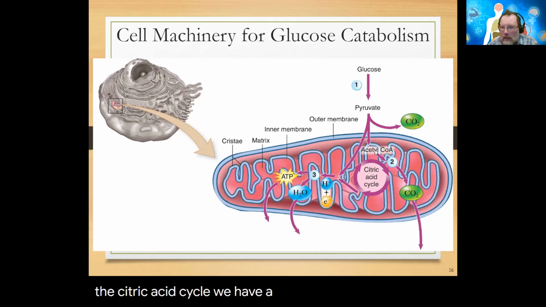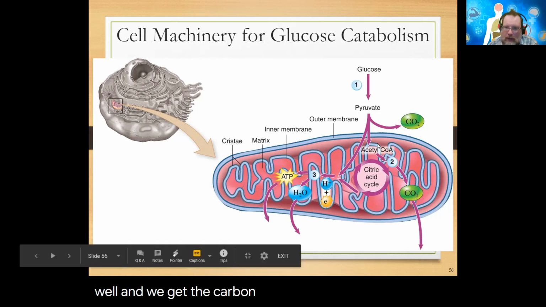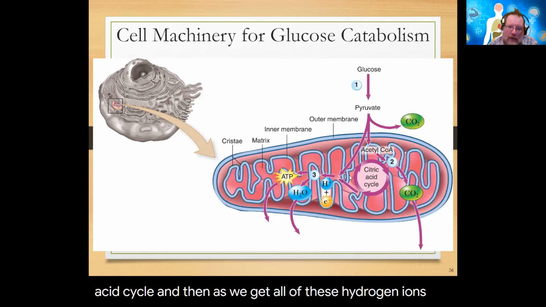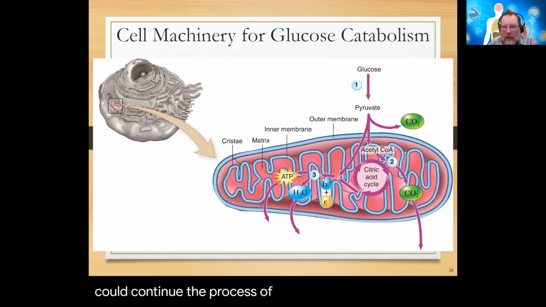We have a coenzyme that helps to break everything down as well, and we get the carbon dioxide released from the citric acid cycle. And then as we get all of these hydrogen ions, we can continue the process of ATP gathering, as well as water release in this electron transport system.